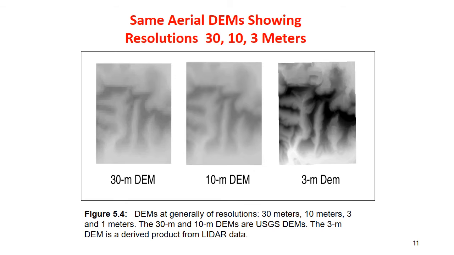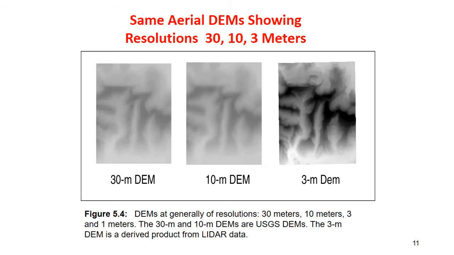Again, we are showing various kinds of digital elevation models. Resolution 30 meter is the same area, but the pixel size is 30 by 30, which you are using, let us say, under Google Earth.